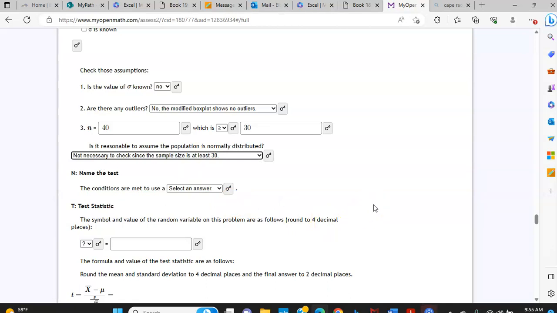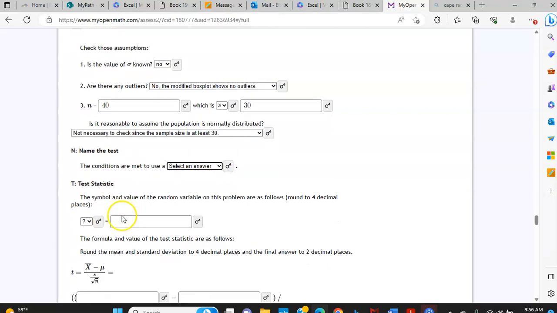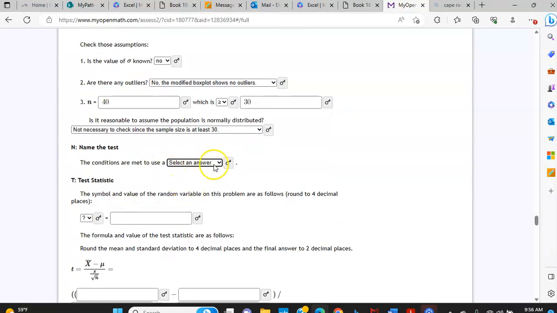So we don't know if it's normal, but remember that if we have a sample size greater than 30, then our sampling distribution becomes approximately normal. So this is okay. So let's see, name the test. The conditions are met to use a t-test since we don't have the population standard deviation.